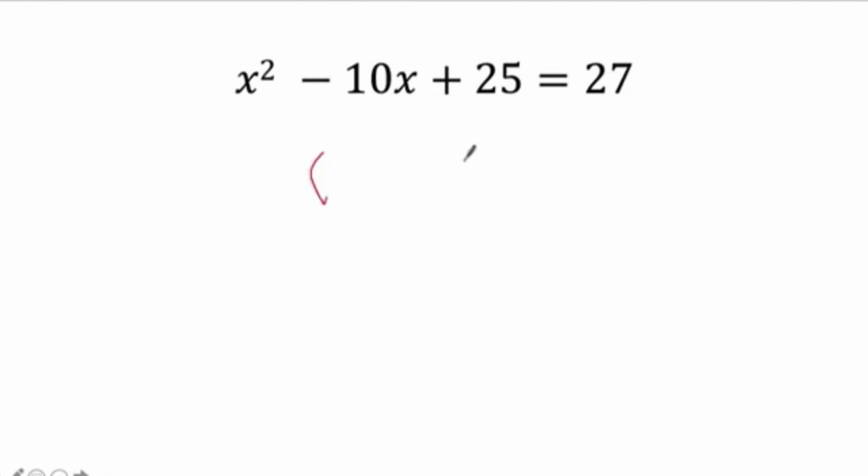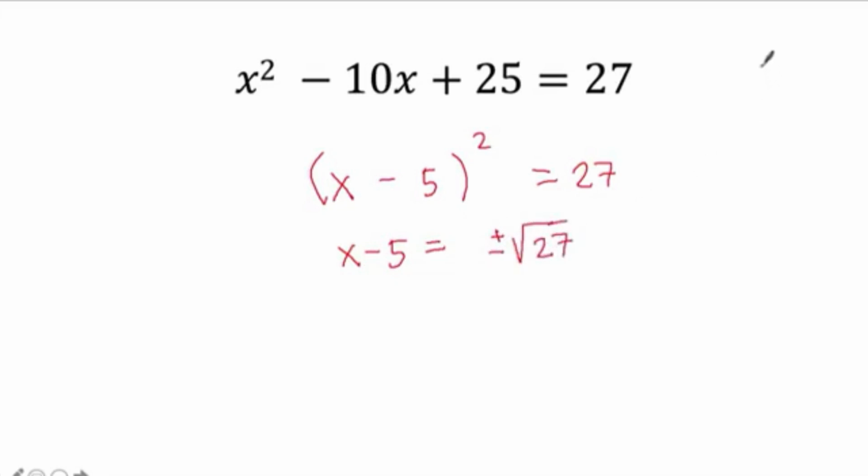All we have to do is factor it. So get the square root of this term, which is x, get 1/2 of this 10, which is 5. Copy the sign. Notice that this 5 can also be taken by getting the square root of 25. So this is a perfect square trinomial. Then applying now the square root property, we have x minus 5 equals plus or minus the square root of 27.